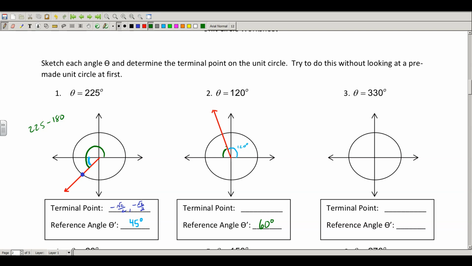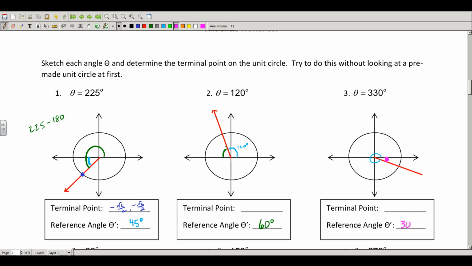If we did number 3, we say 330 degrees. First we have to know where that is. 330 is going to be all the way around here. Even though we rotated this way, the reference angle is the acute angle back to the x-axis, just that little gap right there. If you draw it out, it's very easy to see that little tiny gap is 30 degrees.